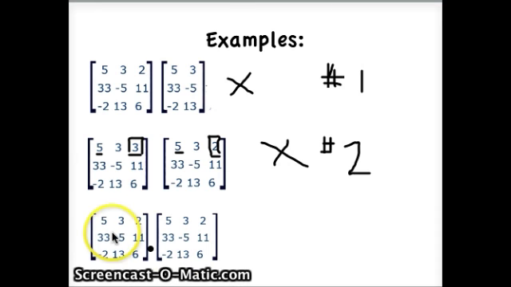So if we look at this one, of course, we've done one that didn't meet condition 1 and one that didn't meet condition 2. This one has the same number of entries and the same dimensions, and also the corresponding elements of each of the matrices are equal. Therefore, these matrices are equal.